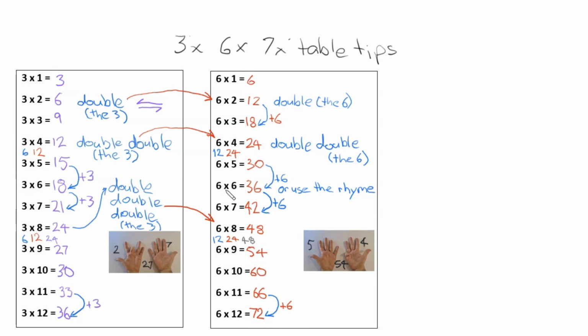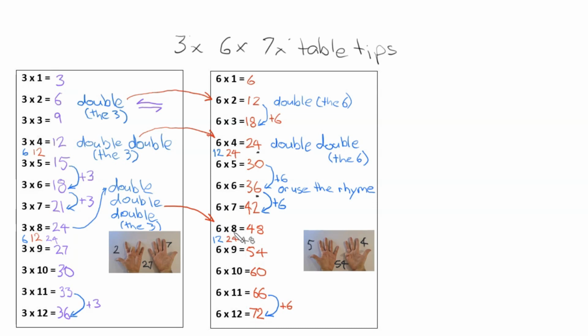Now, I mentioned this rhyme before, 6 6s are 36, but I forgot to mention that there are actually 2 more, and it can help you get to these answers quicker. So the other rhymes are 6 4s are 24. I'll use another color. 6 4s are 24. 6 6s are 36.